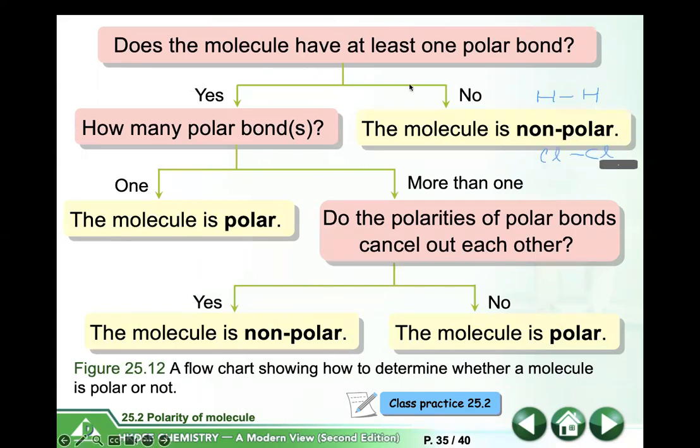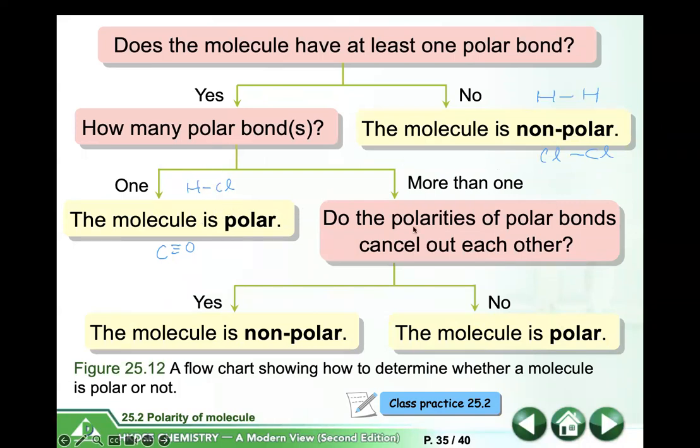If it has at least one polar bond, how many? If it has only one polar bond, for example, H and then Cl, it must be polar. Another case, for example, carbon and then oxygen. It is polar because it has just one polar bond here.